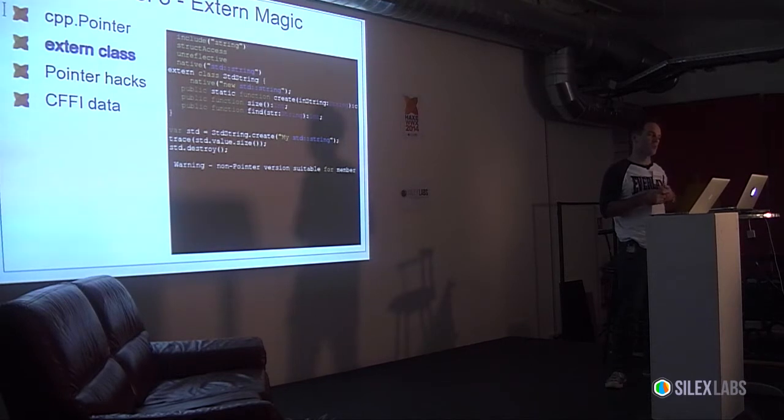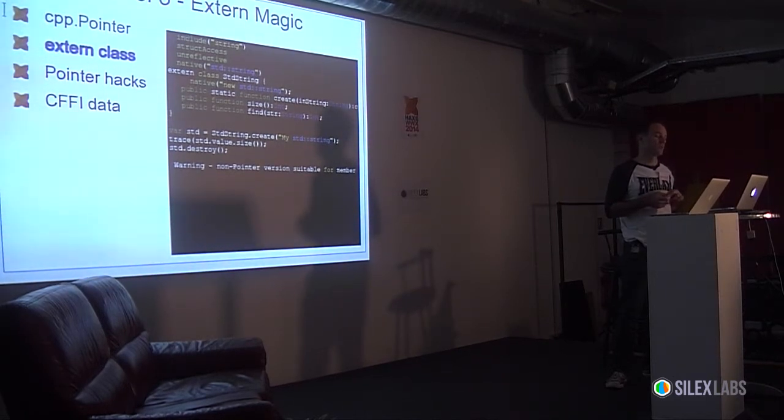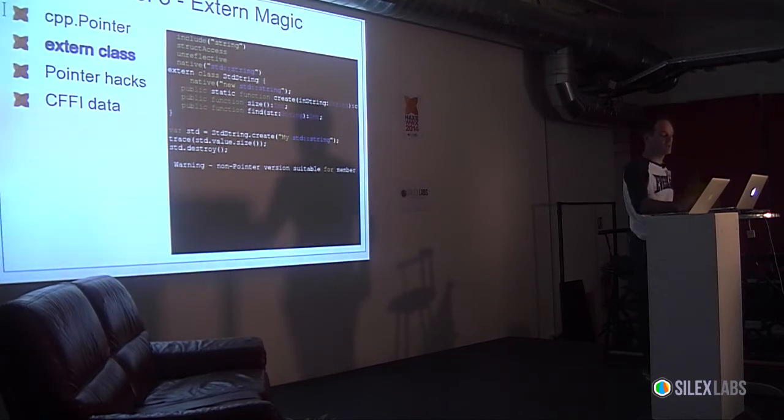There's a problem though if you try to put one of those inside a member class, in that the constructor and destructor simply won't be called because the C++ classes actually just get memory allocated and it gets set to 0, and there's no traditional destructor that goes with it. So you'll probably end up leaking code if you try to stick a non-pointer version of this in a member class.